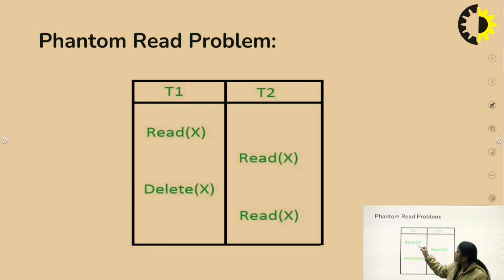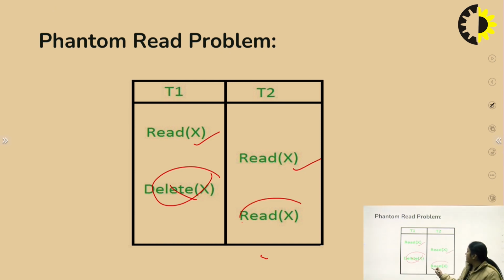In the first transaction, read X. Next, transaction T2 will again read the value of X. Now what happened? Transaction T1 will delete this data item X. Now when T2 wants to read this item X, it will give an error. This is known as a phantom problem.